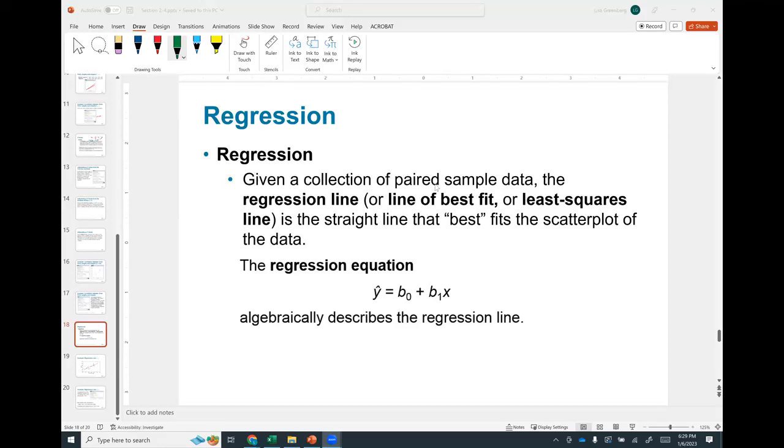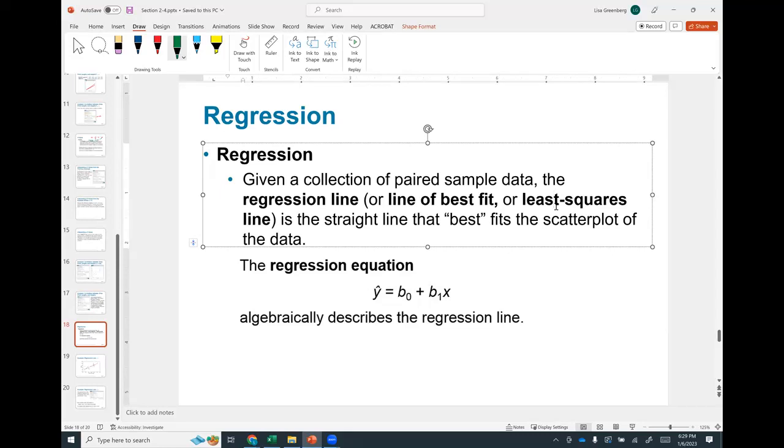So given a collection of paired data samples, now we know what that means, the regression line is the same as the line of best fit. So what line fits the data the best, or the least squares line? The least squares line basically means that I'm finding the distance between my point and the line that I'm assuming it is, and I'm squaring it, which makes it positive, right?